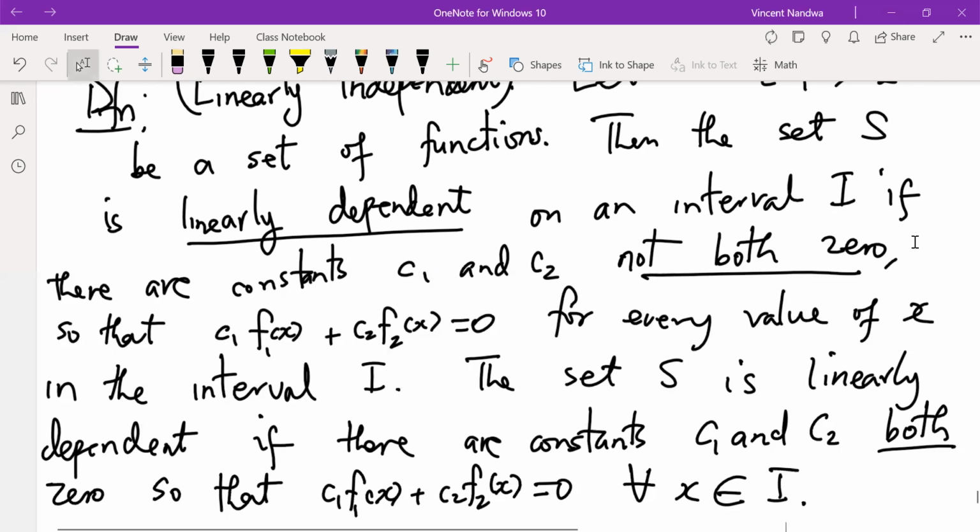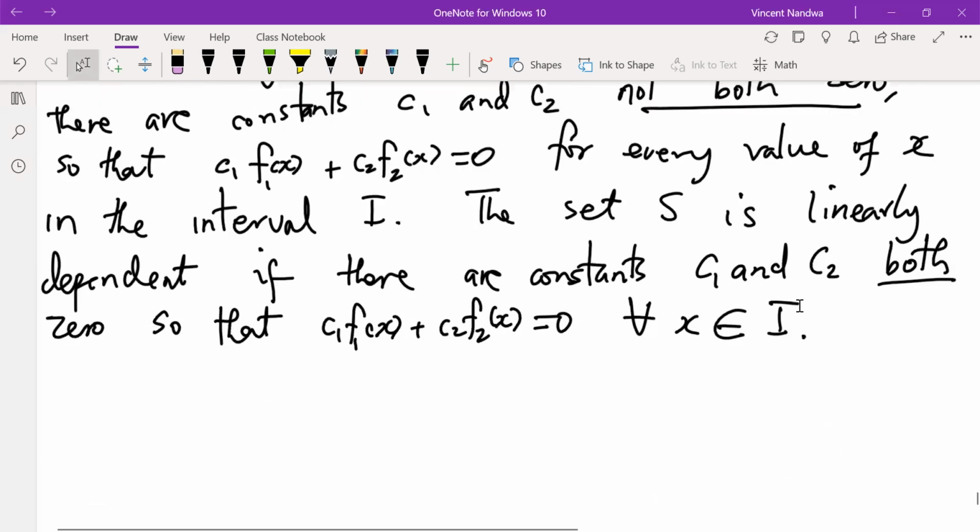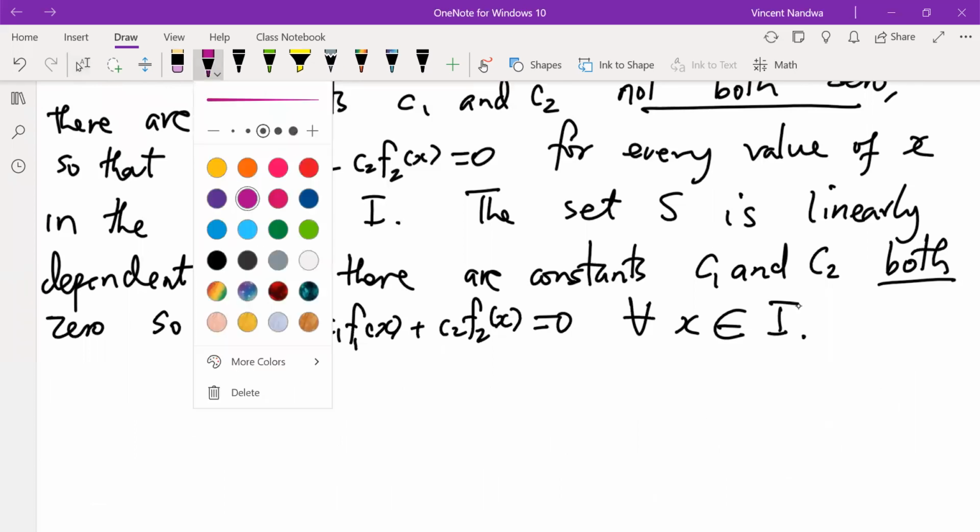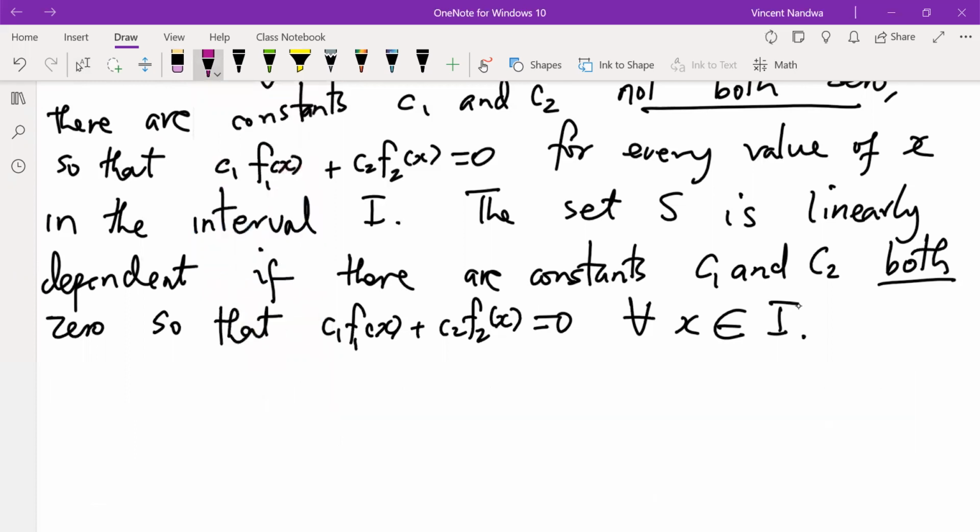So dependence and independence will actually be of key interest when we get solutions of second-order linear differential equations. And then there's a theorem that we call the principle of superposition.